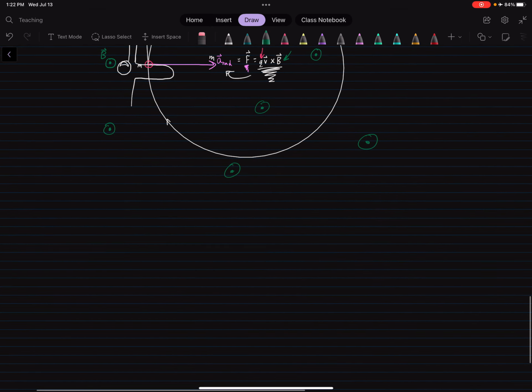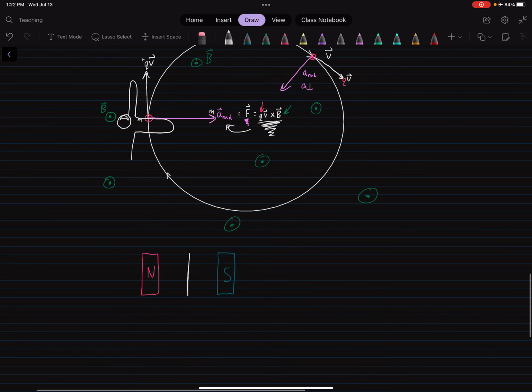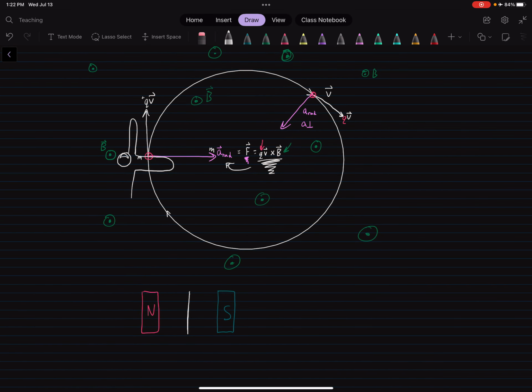In other words, if you turned it sideways, this is the north end of a magnet, and this is the south end of a magnet. And our circle is going to be like this, but we're looking at it directly side on, so we only see a line. And so our magnetic field goes from north to south and is coming straight through this loop.